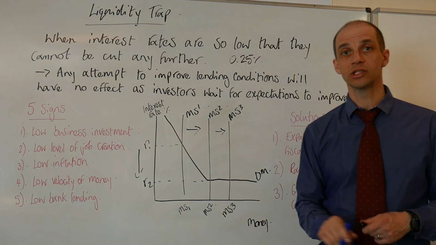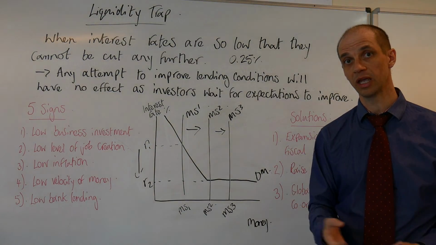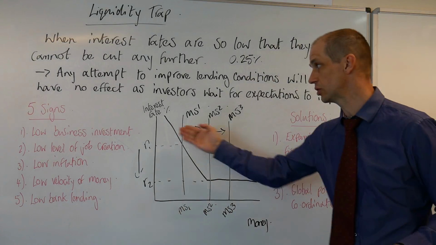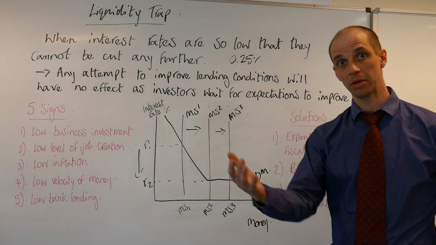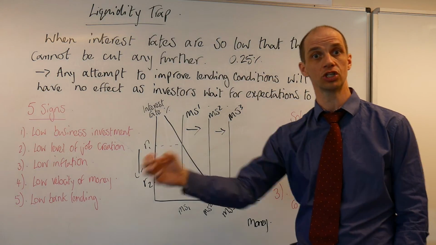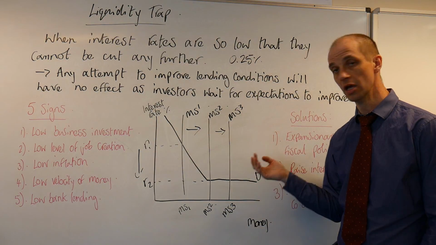Now this will lead to, of course, very low levels of investment in the economy. Yes, some firms may take advantage of the lower cost of borrowing, but the types of investment they may undertake may be share buybacks, where they use debt to buy back shares in their business so that they retain more ownership of that company.